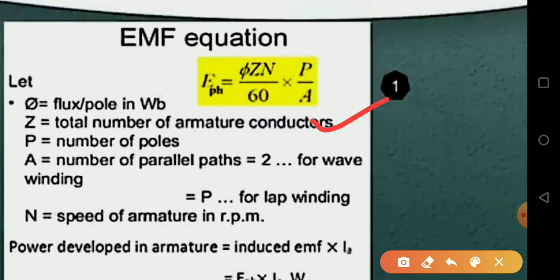It means in case of lap winding, the number of poles equals the number of parallel paths. Capital N is the speed in RPM.